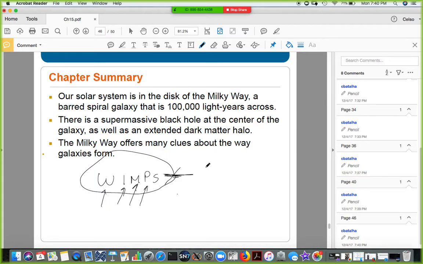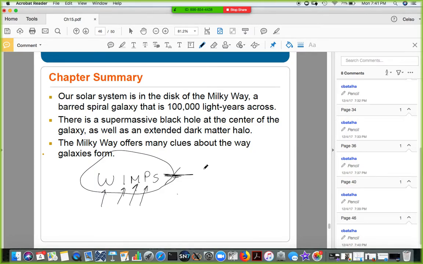We do not detect them, but if you add together all these WIMPs coming in and out, it might give enough mass to explain the rotation curve in our galaxy.